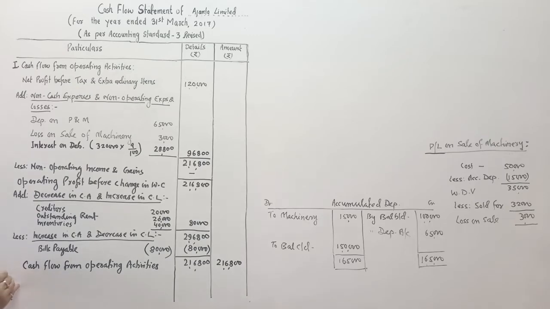Now you calculate the next, number two, cash flow from investing activities. So we'll calculate the next.